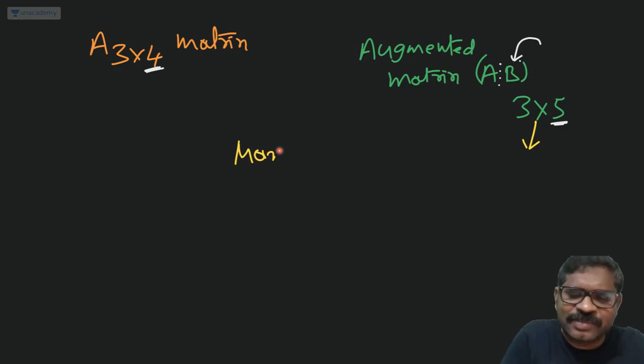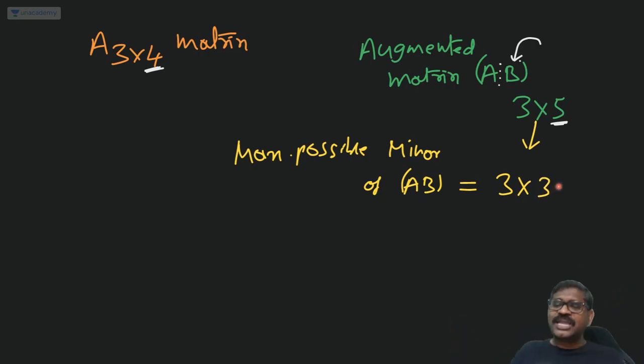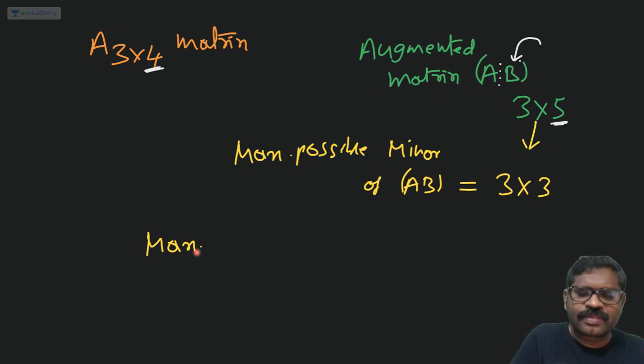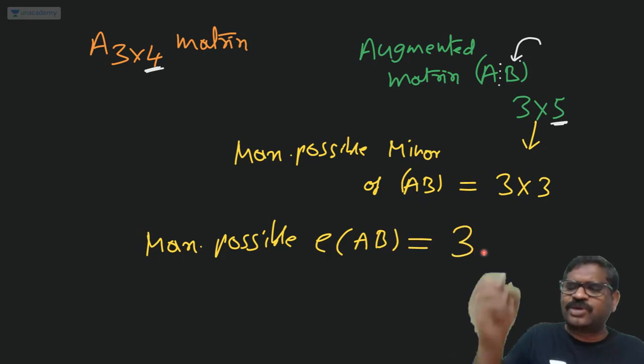The maximum possible minor of matrix AB is 3 cross 3. If the maximum possible minor of AB is 3 cross 3, what is the maximum possible rank of AB? Maximum possible rank of AB equal to 3.